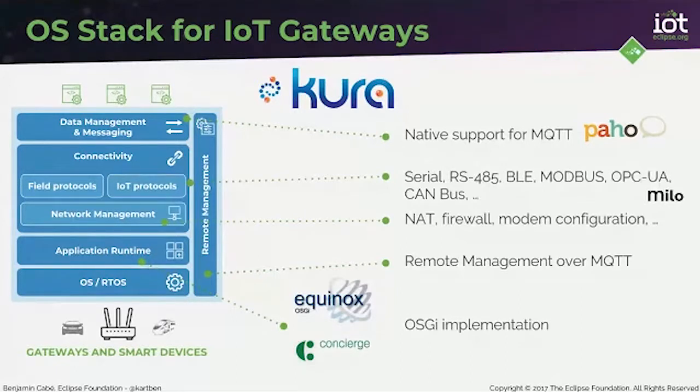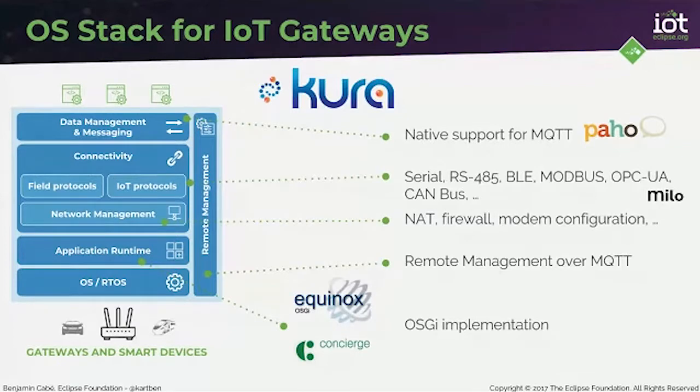You have a stack to turn your device, Raspberry Pi, BeagleBone, whatever industrial PC, into a router. So you will have all the UI and all the APIs to administrate and configure the gateway. But what's more, you also have an application container.